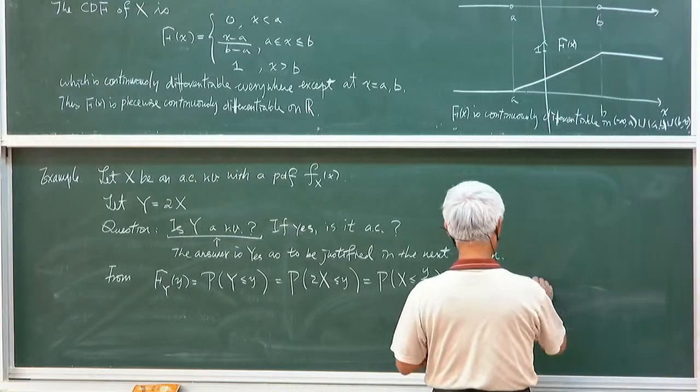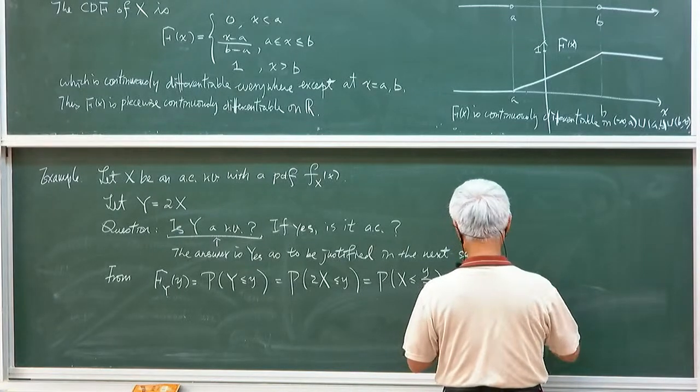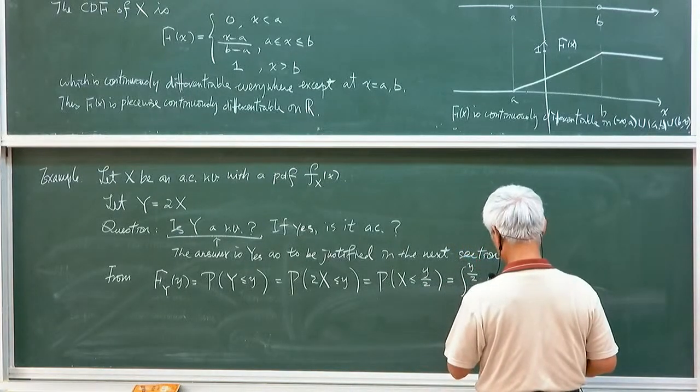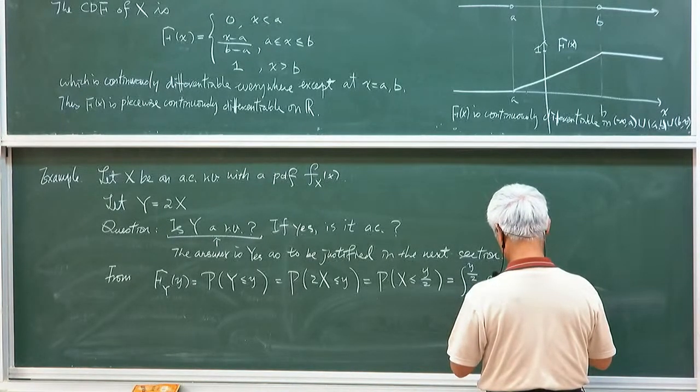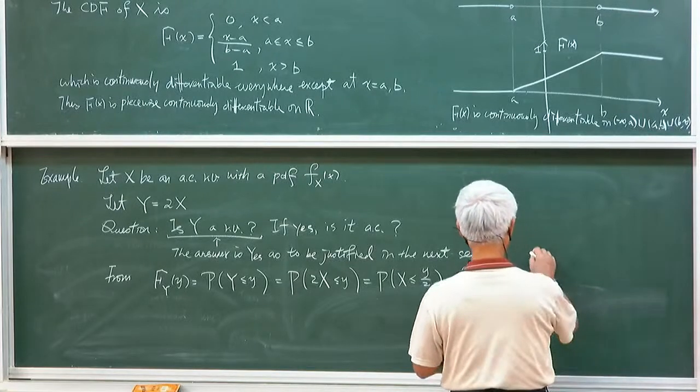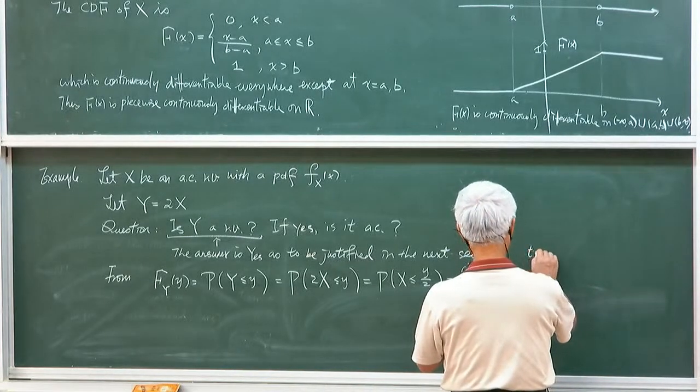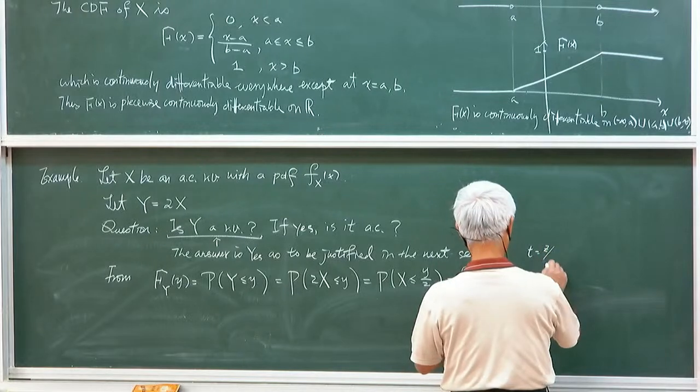And by the change of variables, we let t equal z over 2.